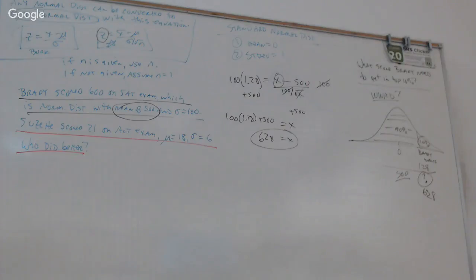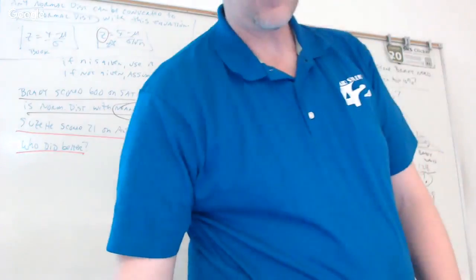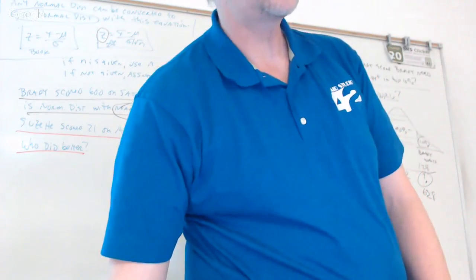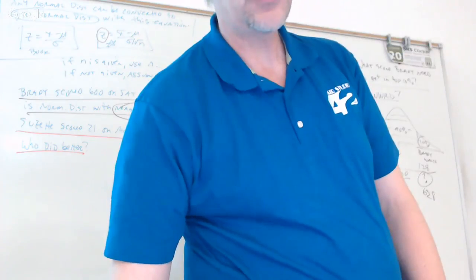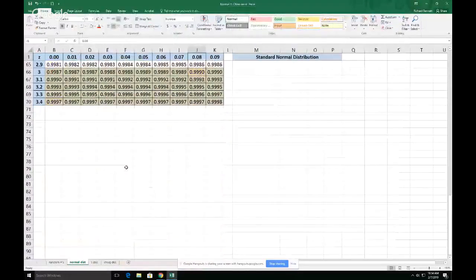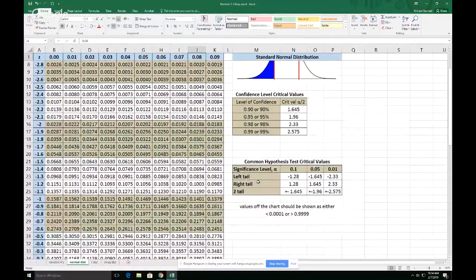So you can use this chart both ways. And in fact, let me show you something else. I didn't show it to you on purpose because I wanted you to see that. But at the bottom of the chart here, over here on the right tail, if you're doing a right tail test and you want 10% here on the right, the number is 1.28.